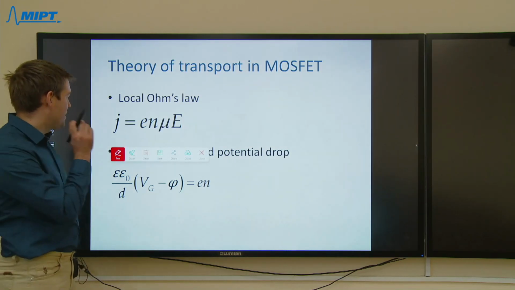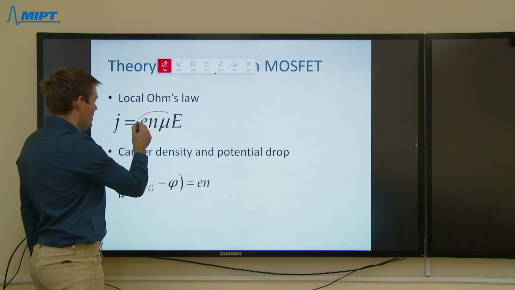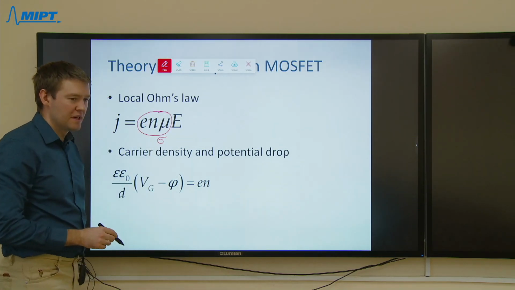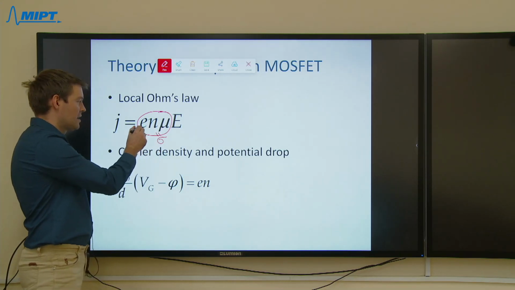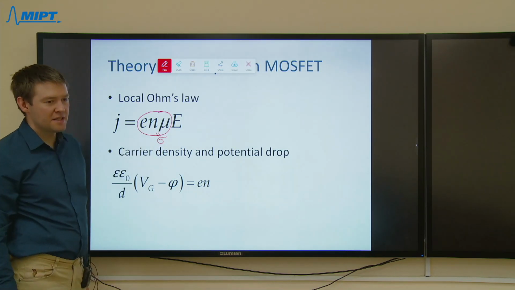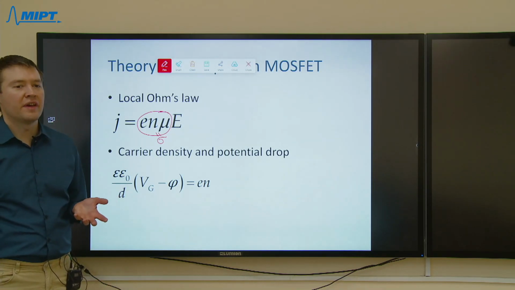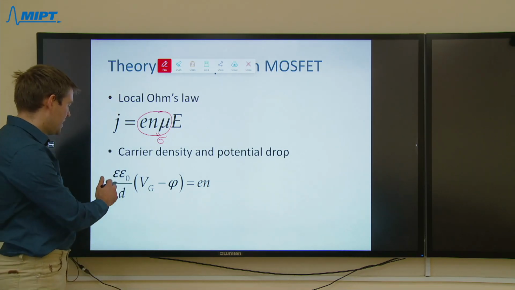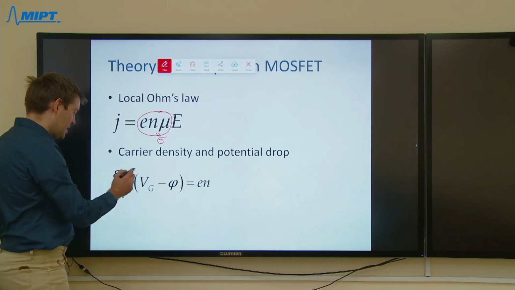We can write Ohm's law in the form of conductivity multiplied by electric field, but the conductivity in turn is the product of mobility mu, elementary charge, and carrier density n. And this carrier density is controlled by applying the voltage to the gate. The more voltage we apply, the higher the carrier density. So we can write the second relation between gate voltage and carrier density.